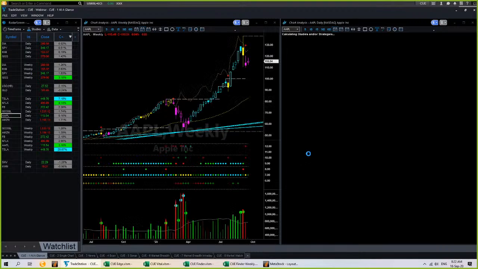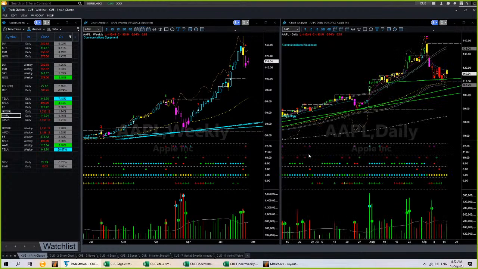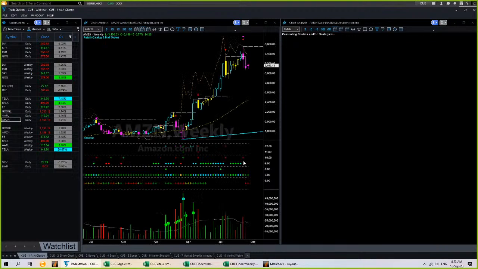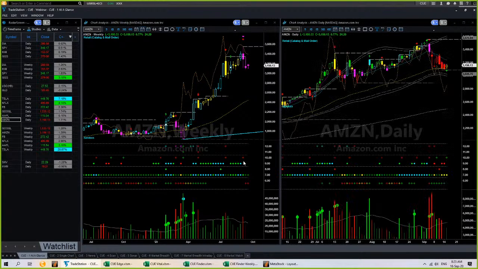Apple also in an uptrend. Amazon also in an uptrend. Uptrend, or you may say inside a range, but it is not in a downtrend. None of the leading stocks are in a downtrend.